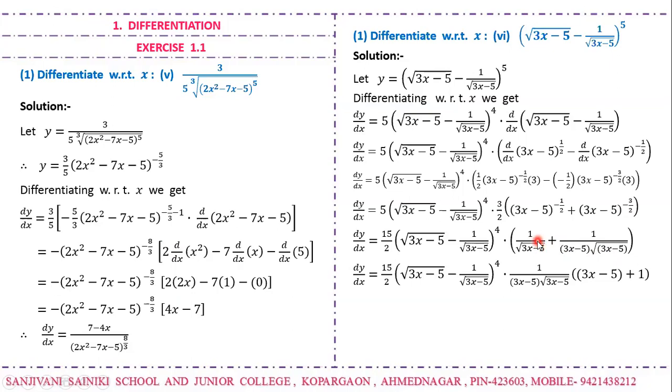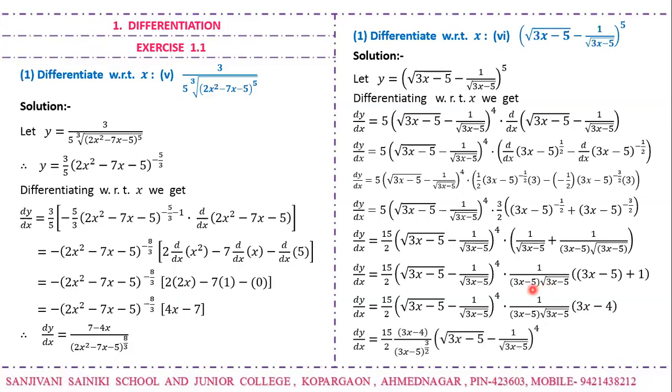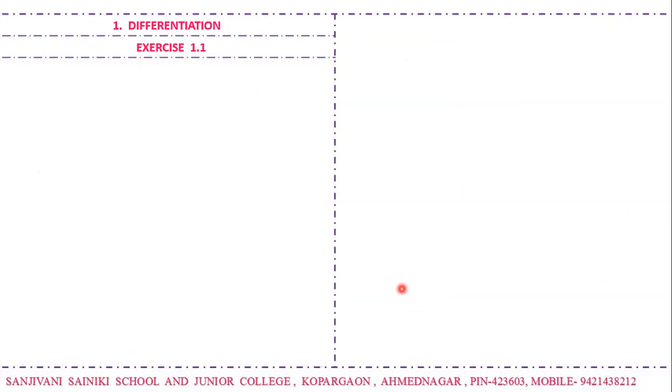Here only a factor of 3x minus 5 is lacking, so if you multiply and divide by 3x minus 5 for this step, you will get 3x minus 5 plus 1 upon (3x − 5) root (3x − 5). Simplifying again, you get 3x minus 5 plus 1 is 3x minus 4, and this is as it is. So again we can write it in the form of the bracket raised to 4. So this is the derivative of the given function.